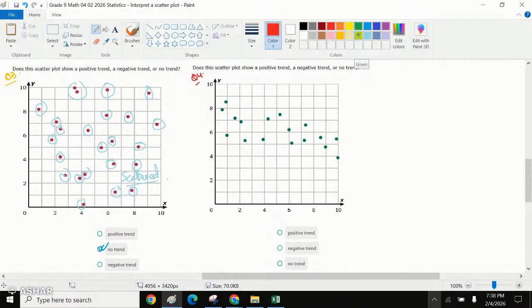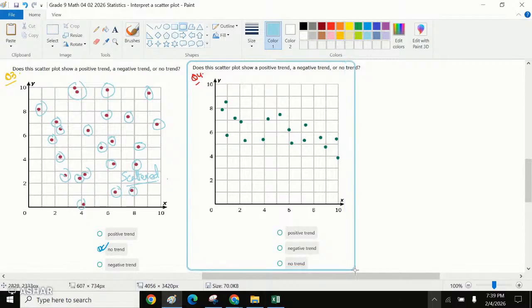So what does it show? Does it show a positive, negative, or no trend? See, they're not scattered, right? So we have to cancel out no trend. Sometimes it's easier to remove what is not possible.